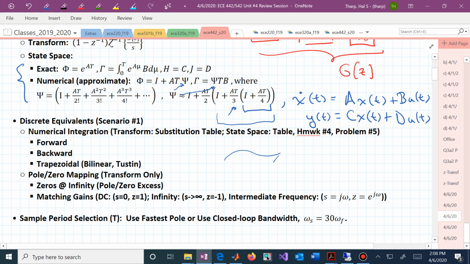Do we do it by looking forward? Do we do it by looking backward?